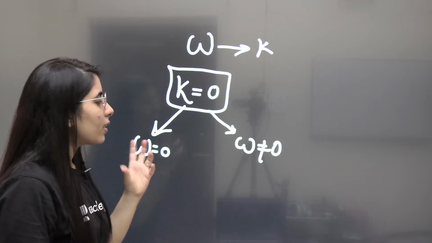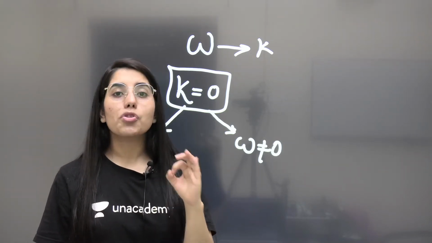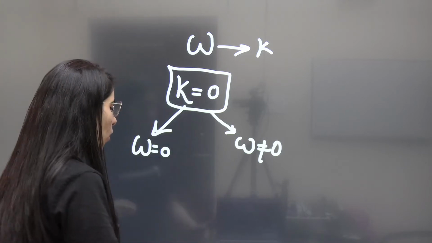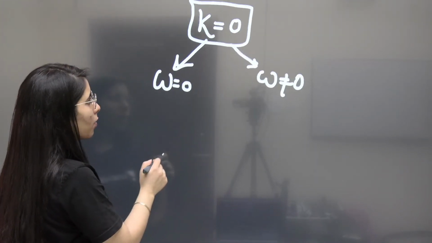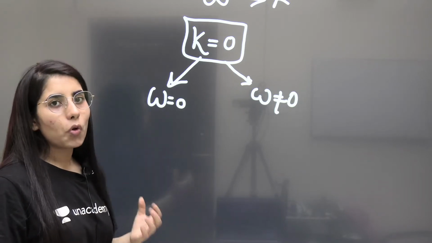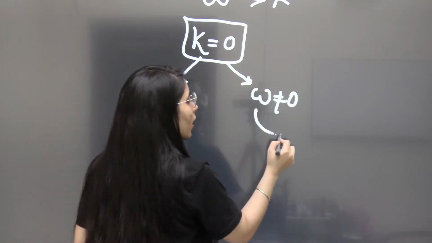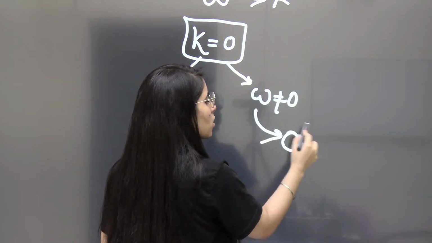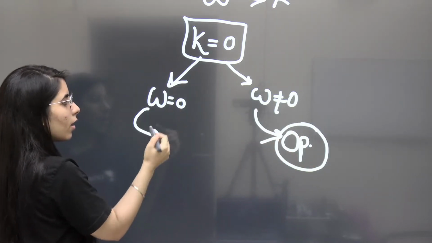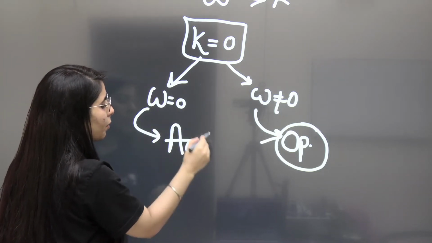Optical itself has an O in it, which is similar to 0. So if you are already getting a zero-like term in the optical branch, you don't need another. The non-zero case will be for the optical branch, and if you are getting omega equal to 0, this is for the acoustical branch.